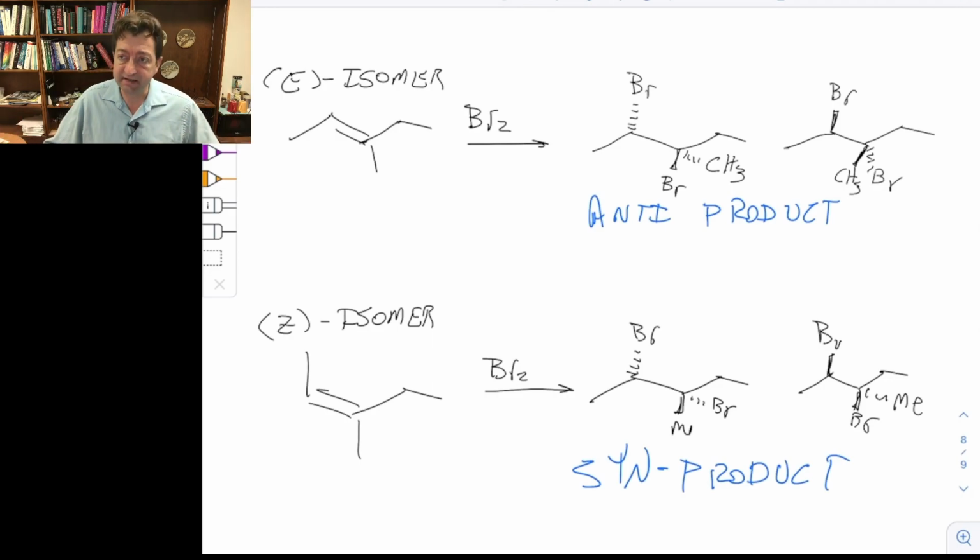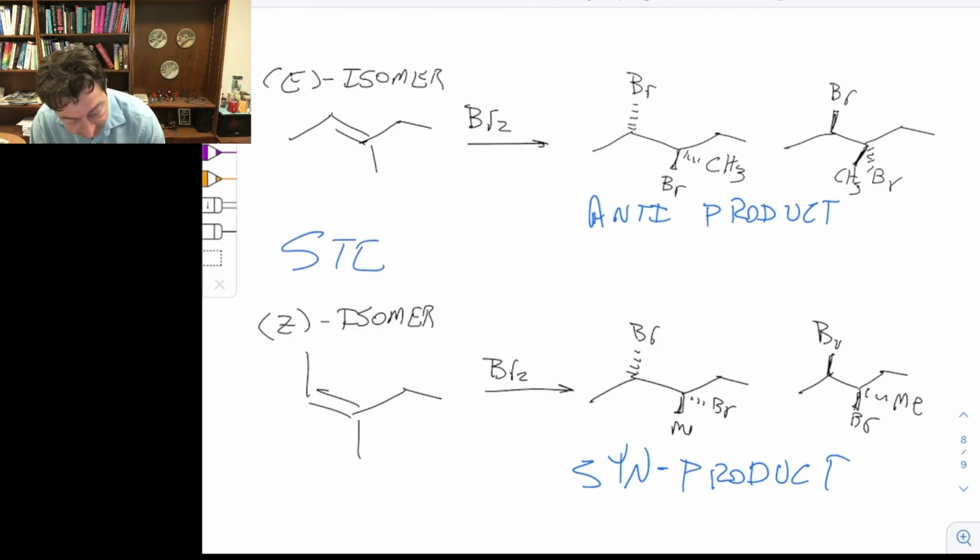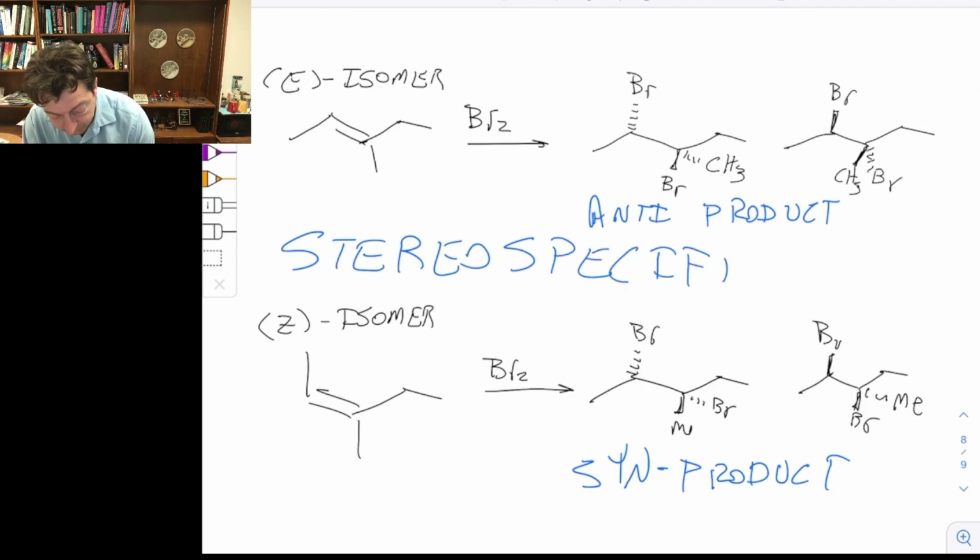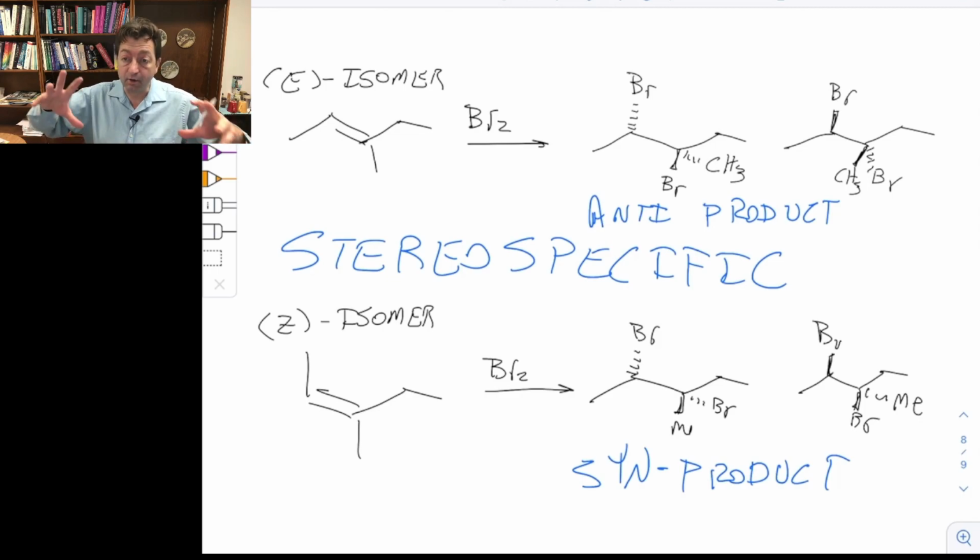So this addition across a double bond is another example of what we call stereospecific, where the stereochemistry, in this case the E/Z isomer that we start with, leads to a very specific stereochemical outcome, either the anti or the syn product, based on the configuration of the starting material.